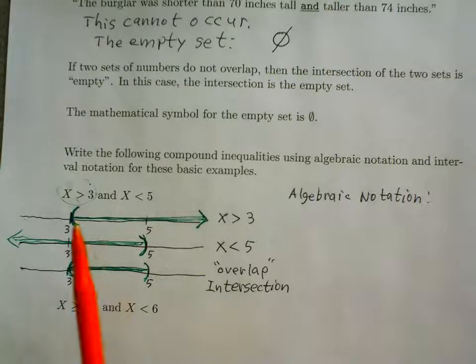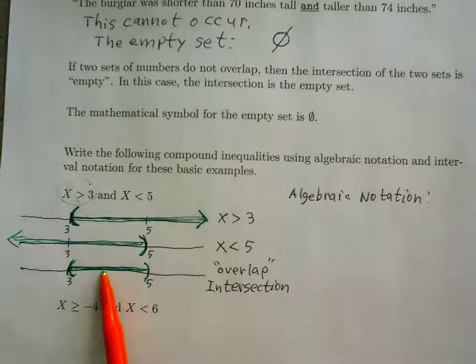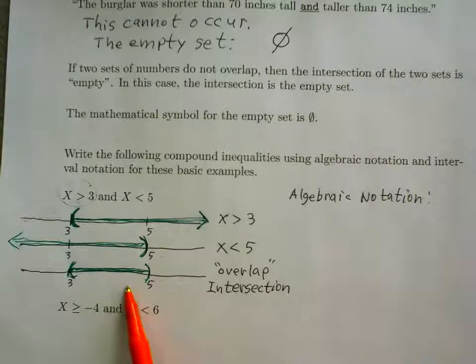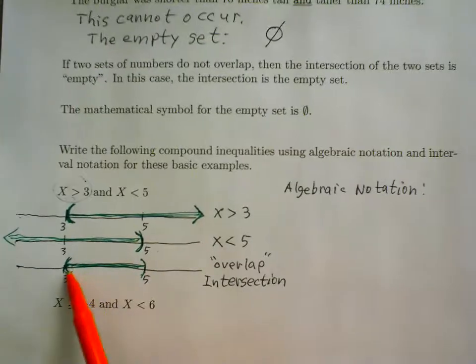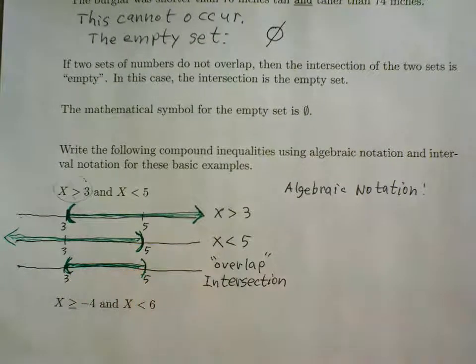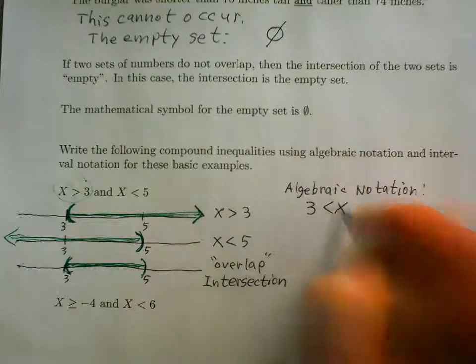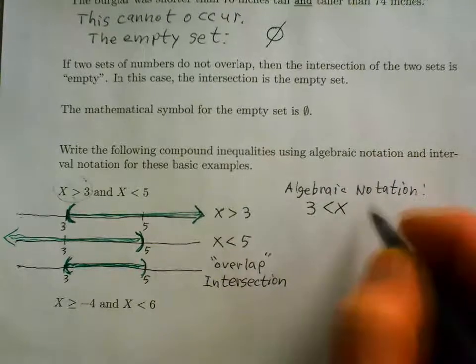Okay, well, think of where the final x number has to be. It has to be between 3 and 5. So if x is in this part of the number line, then the algebraic notation is 3 is less than x, and at the same time, x is less than 5.